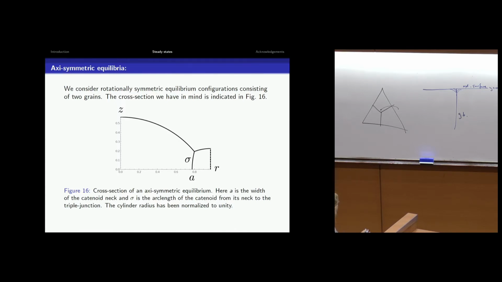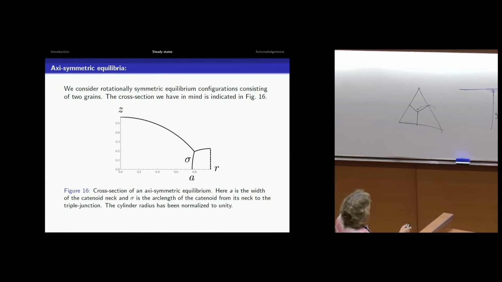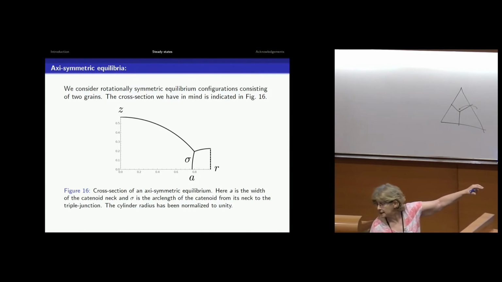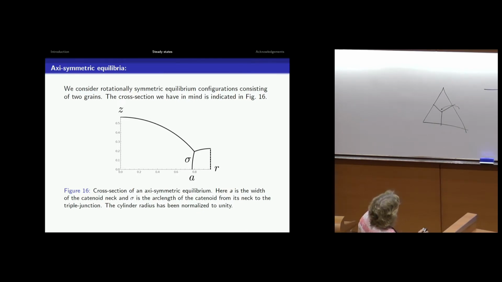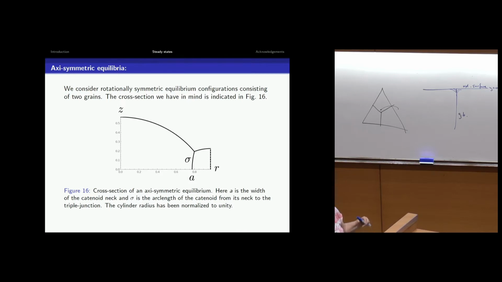A is the width from the axis of symmetry out to the neck where the catenoid meets the midplane. And sigma is the length of the catenoid from the midplane to the triple junction. So it's half the total length of the catenoid.